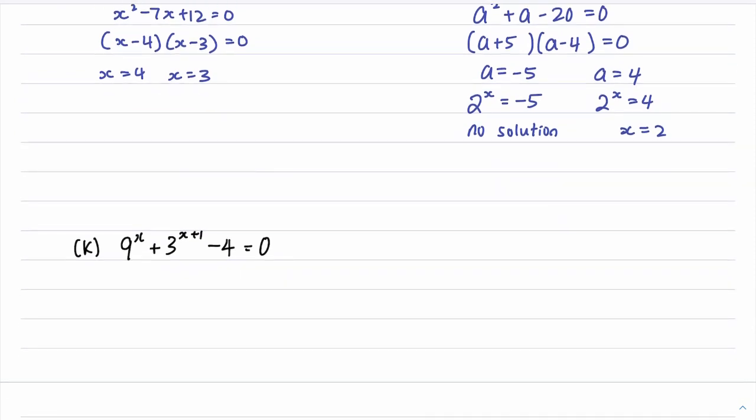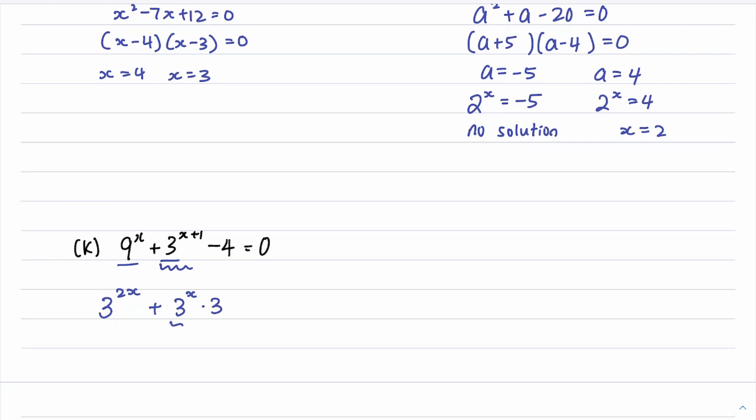And finally, our very, very last equation, we first must recognize that this is another hidden quadratic. So let's rewrite the expression on the left-hand side as powers of 3. I'm going to change up this middle term to 3 to the power of x times 3.